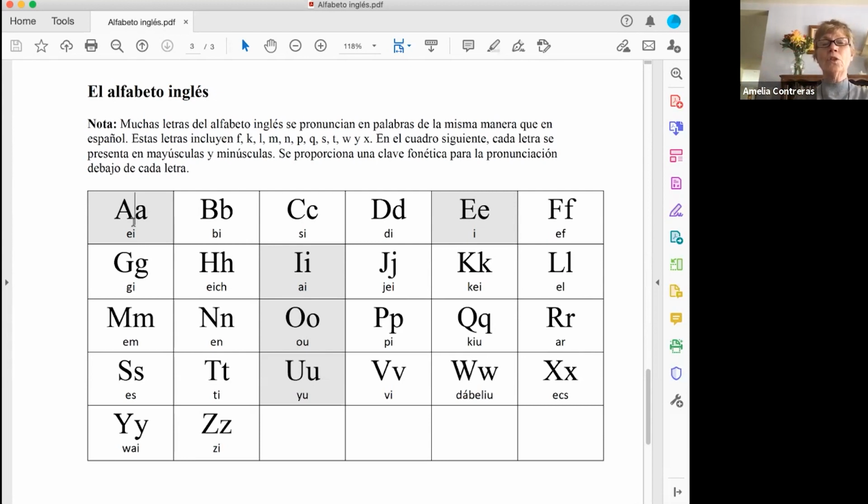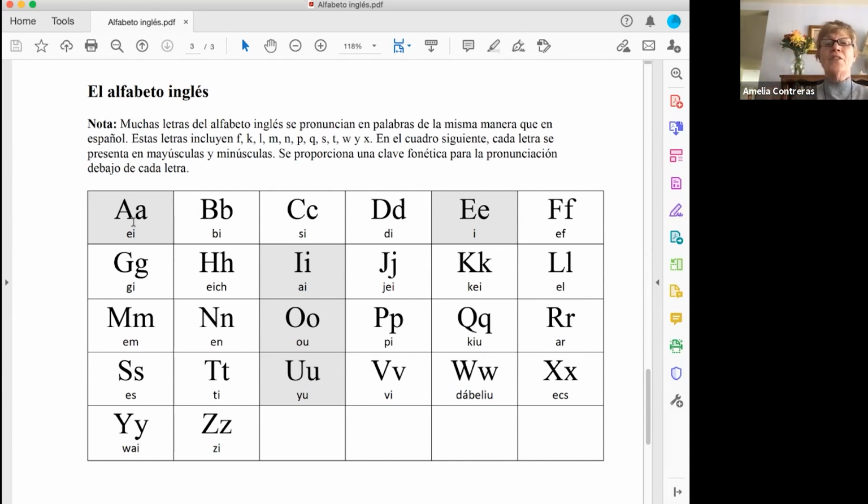And the long sound is called long because it takes longer to say it. For instance, A as compared to A. Notice the difference? A is the long sound and A is the short sound.